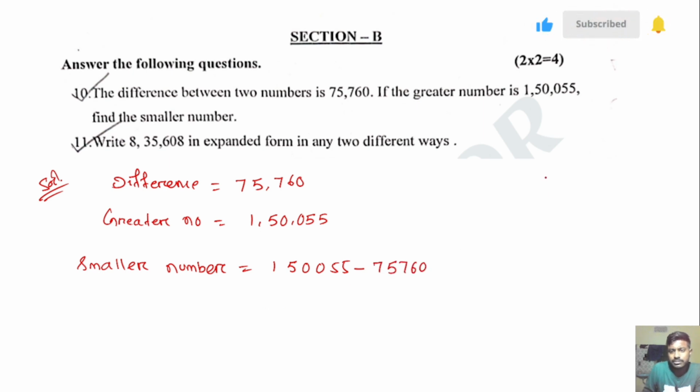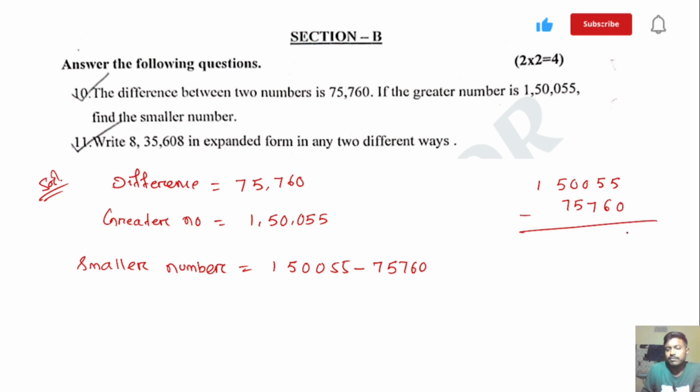Now subtract, that is 150,055 minus 75,760. Okay, so the answer is, the smaller number is 74,295.